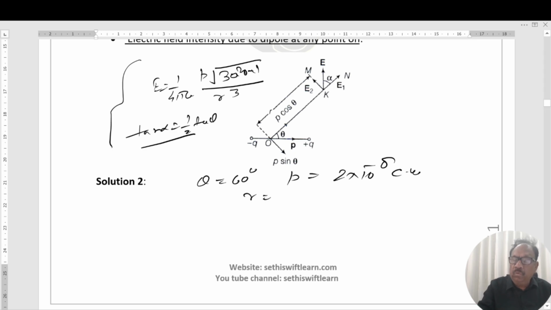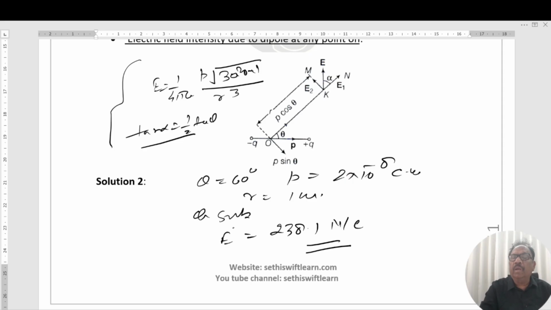R is given as 1 meter. Just substitute the values. On substituting and simplifying, we get the electric field intensity 238.1 newton per coulomb.